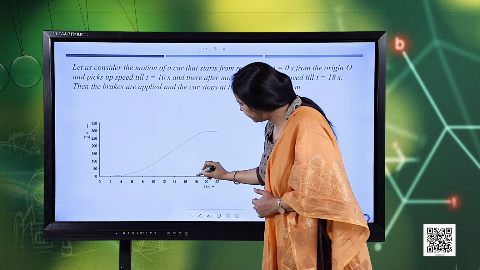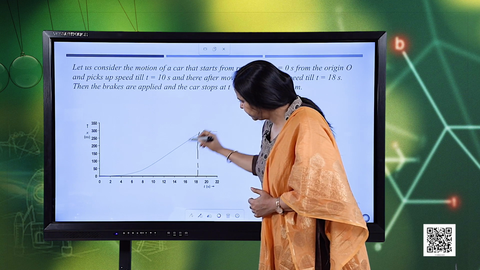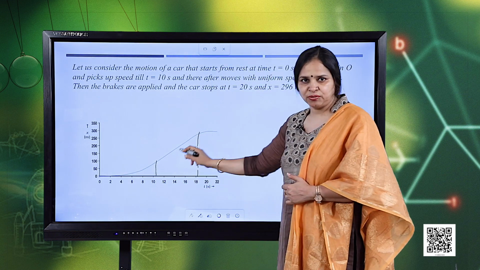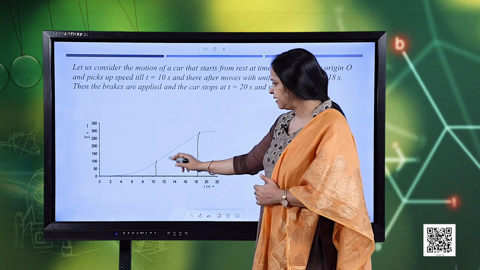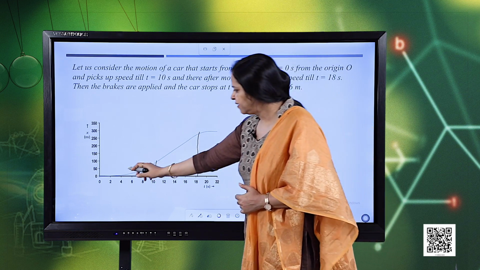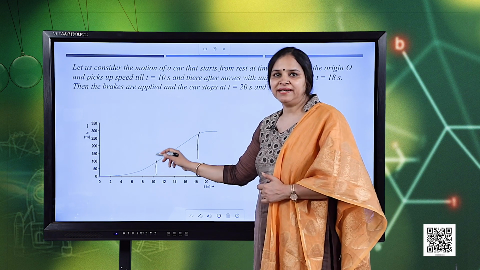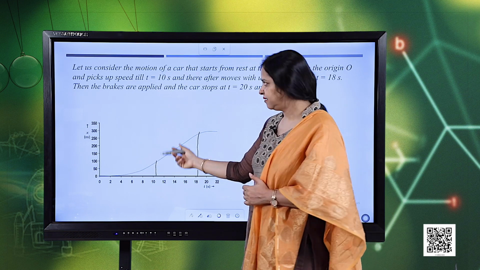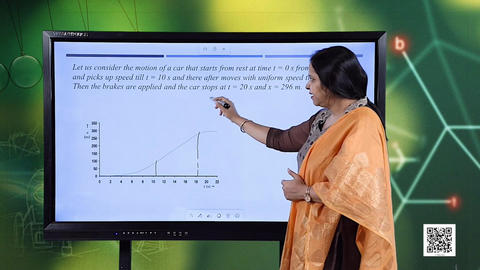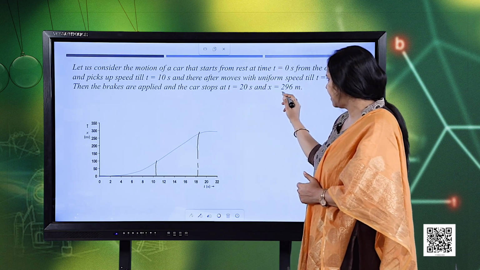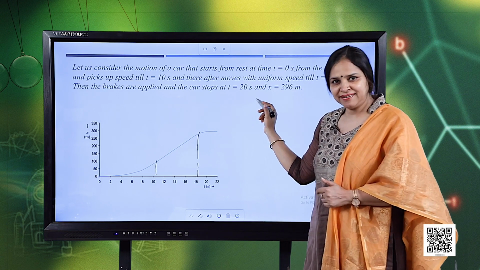In the region between t equal to 10 and t equal to 18 seconds, we can see a slope which is a straight line inclined to the time axis. Here we can see a curve which shows that the speed, or the velocity, is increasing. Then the brakes are applied and the car stops at t equal to 20 seconds and x equal to 296 meters.